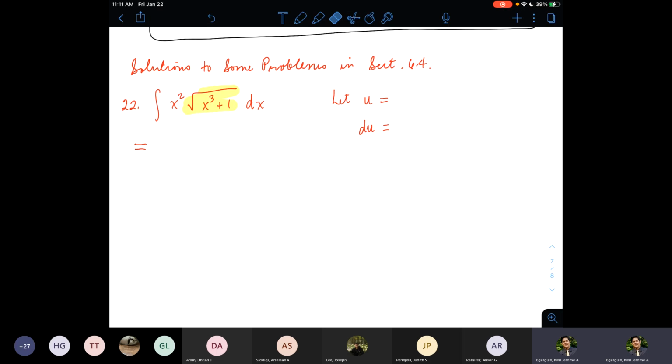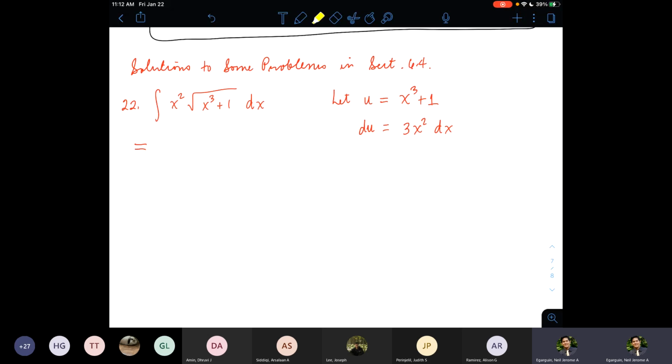So the next best bet would be to let u be equal to x cubed plus 1. And you will see later why this is the appropriate choice, because when you take du, the derivative of u would be 3x squared dx. All right. And then to check that this is a nice substitution, you need to take a look if you can change the differential easily.